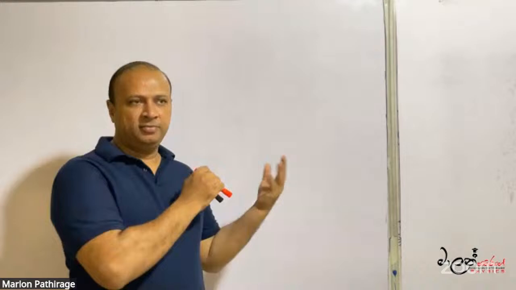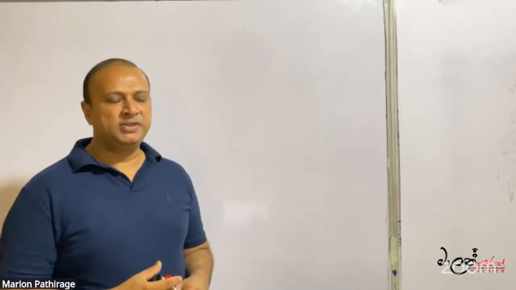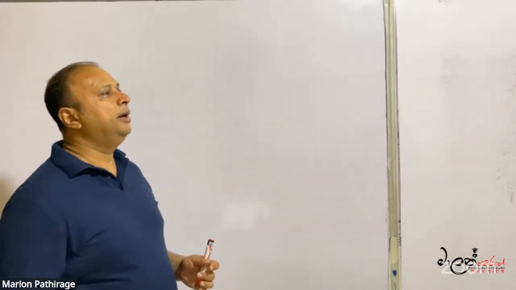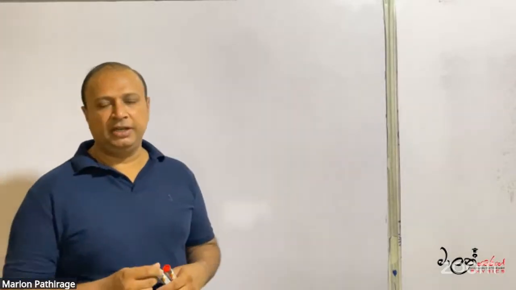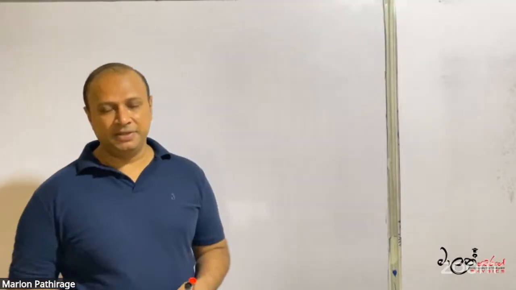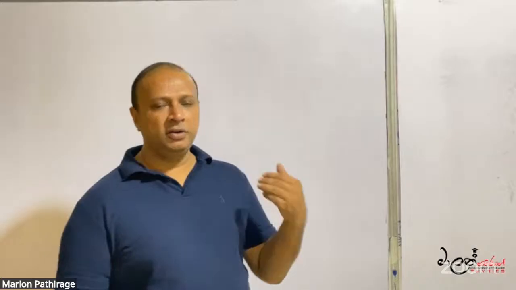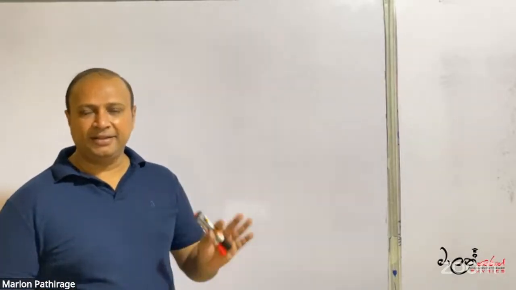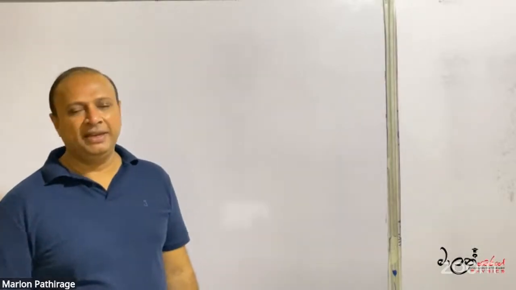Now, we are going to discuss some special cases in the vector addition theorem. We have discussed the vector parallelogram principle, so we are going to discuss some special cases in that principle. Okay.